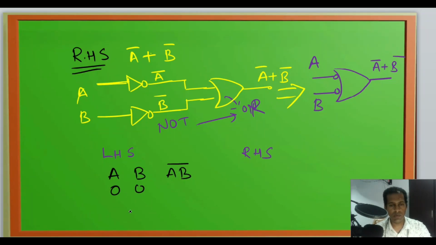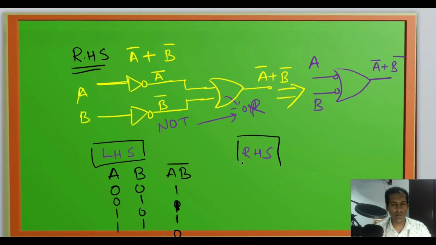The possible inputs are 00, 01, 10, 11. For 0 0, AB is 0, but its complement will be 1. Here we get 1, here also 1, and 0. This is the output for the LHS.